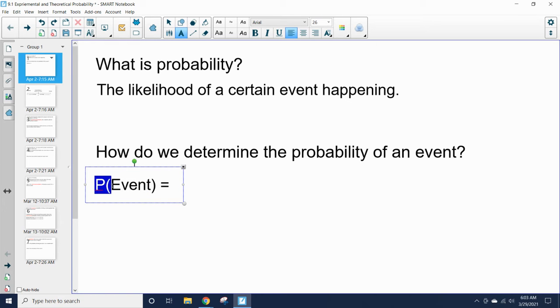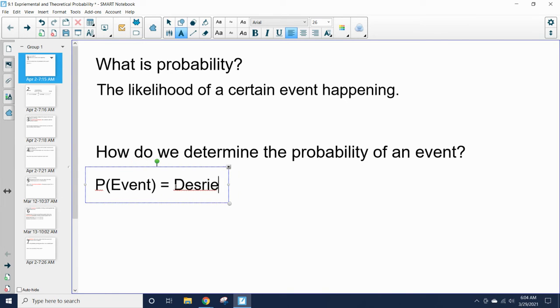So P parentheses event. If you're looking for the probability of flipping a coin and landing on heads, you could put P of heads, or you could put the probability of tails in here. You could put the probability of raining. This is just a shorthand notation for us to say the probability of this event is equal to, and it's always going to be a fraction.